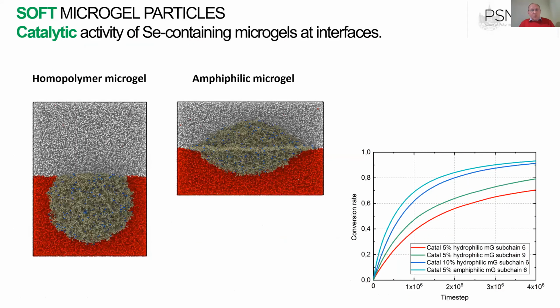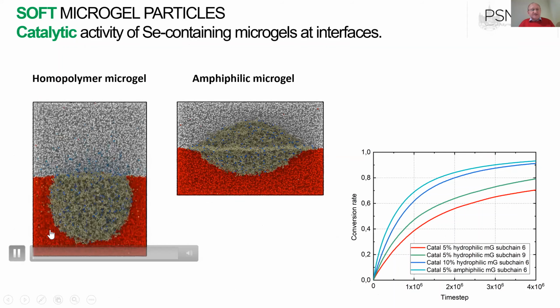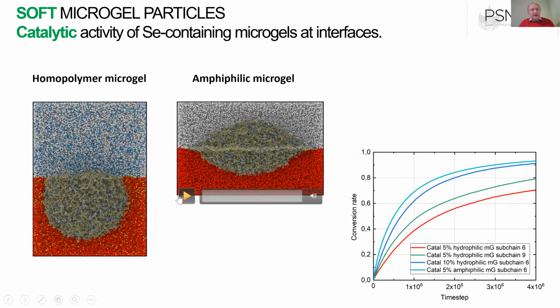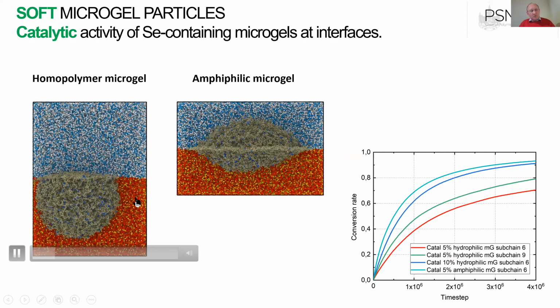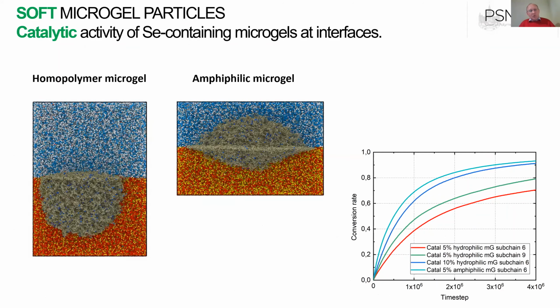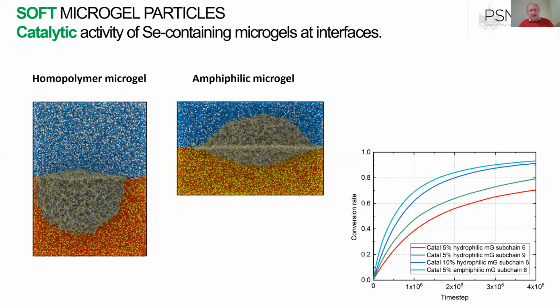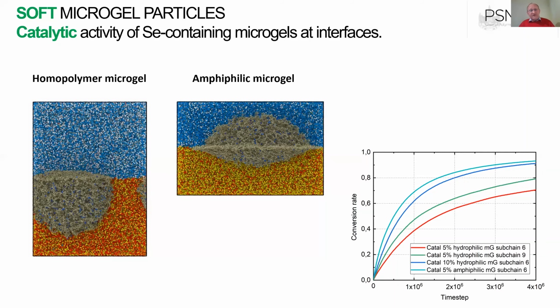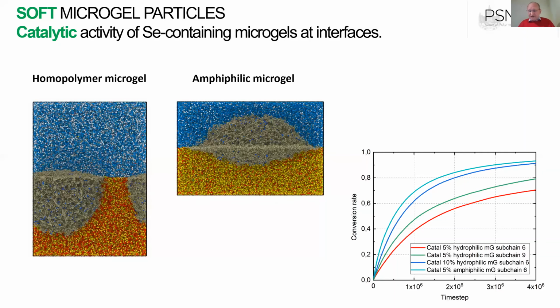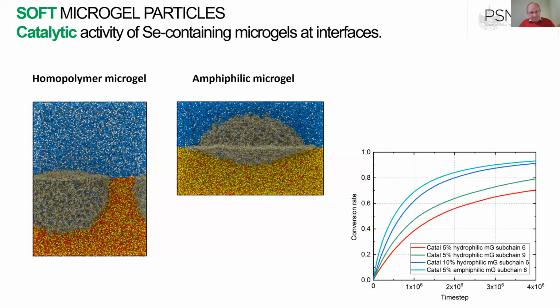Now we compare, in computer simulation, the rate of reaction in the case of a homopolymer microgel and an amphiphilic microgel. In the beginning we have some reactants, and we switch on the reaction, and we see some recoloring, or formation of the product of the reaction. And what we can see is that in the case of the amphiphilic microgel, the reaction proceeds faster.